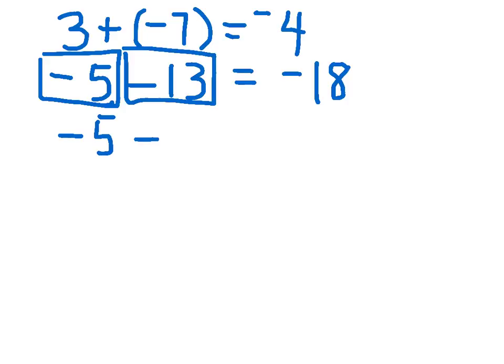Other kids find it easier to just work on the principle that subtraction is the same as adding the opposite, what we called slash and dash last year. You can always change the subtraction to an addition sign, and make the next number the opposite of what it was. Either way, we get negative 18.